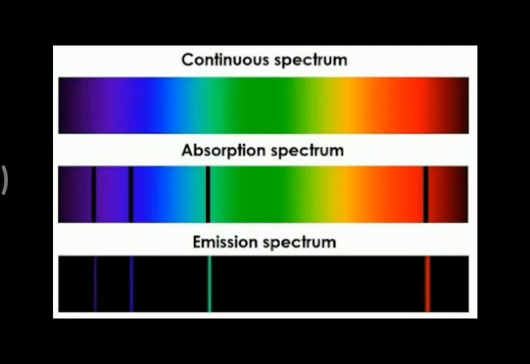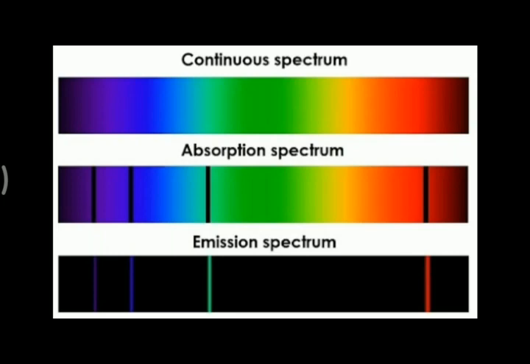Here you can see three types of spectrums. First one is continuous spectrum. Here clearly you can observe the colors are merged into each other. There are no sharp boundaries for each color. Second one is absorption spectrum. In that absorption spectrum, dark lines, black lines are formed on the bright photographic plate. Same as the continuous spectrum above, whatever is there, dark lines are formed on that.